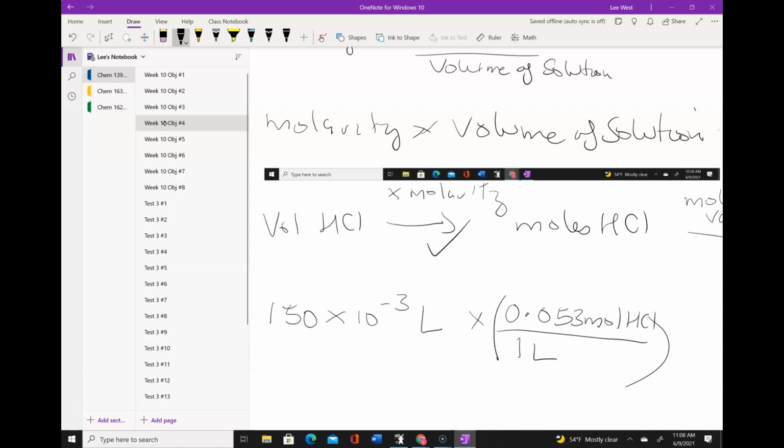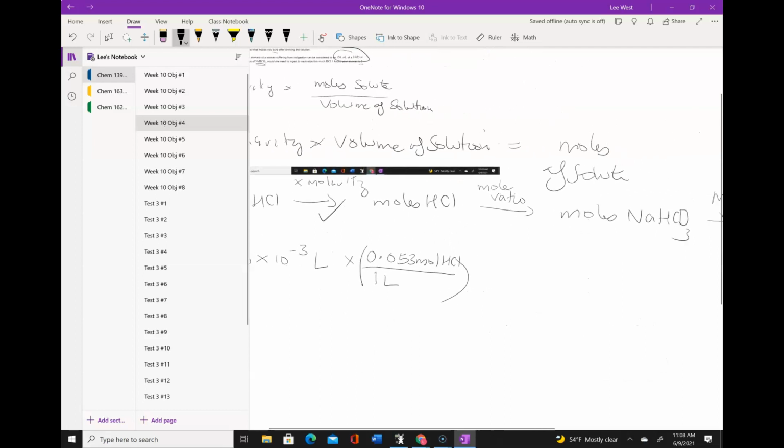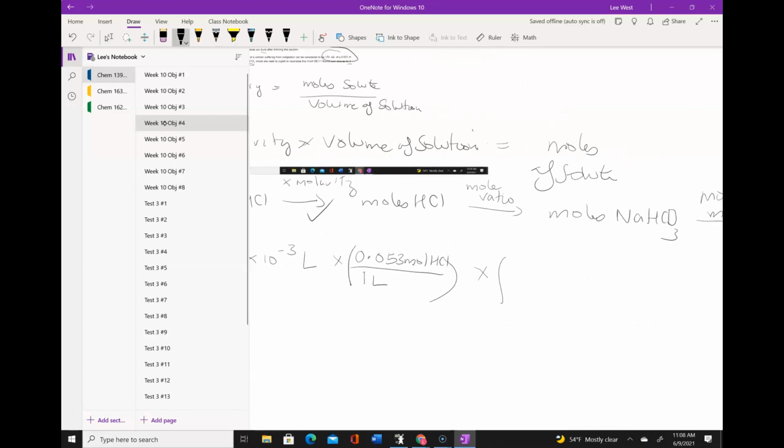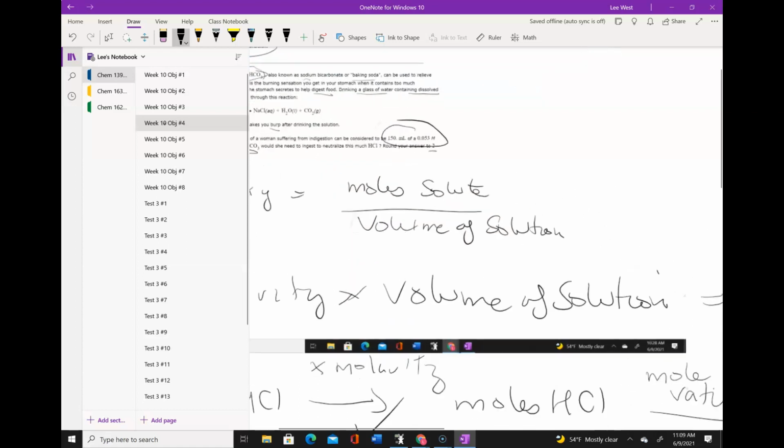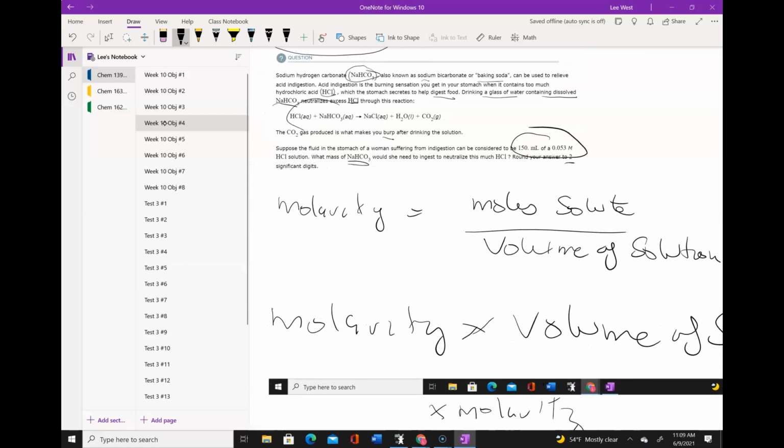So I have done the first conversion. Now, according to my balanced equation, I'm going to be able to get the mole ratio between the moles of HCl and the moles of sodium bicarbonate. And it's nice and easy in this case. It's a 1-to-1 ratio.